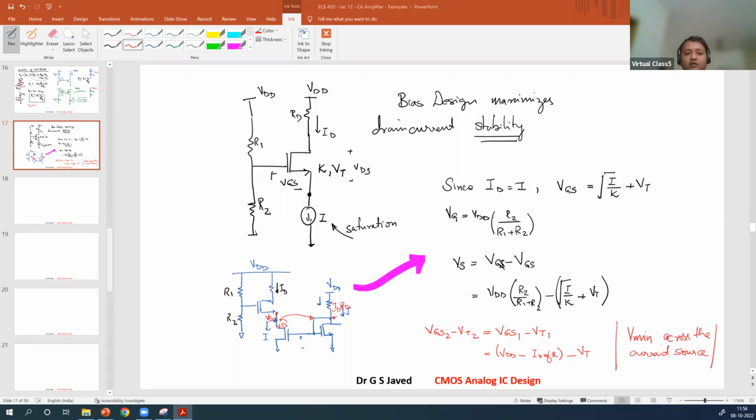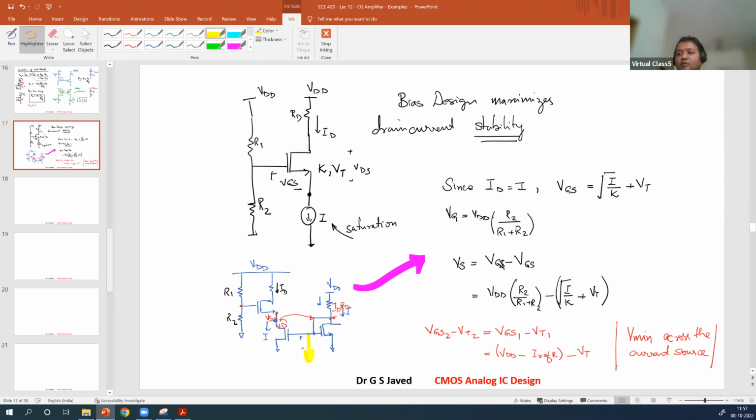How do we set that value? The way to set it is that this Vs has to be VGS minus VT. But how do we set this value? You can set this value by setting the gate value, right? The flow is like this.